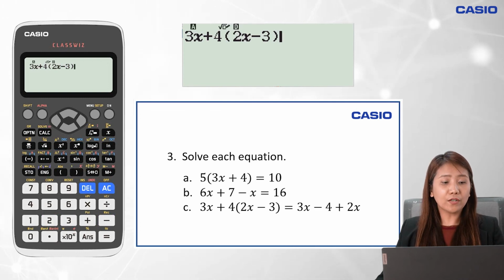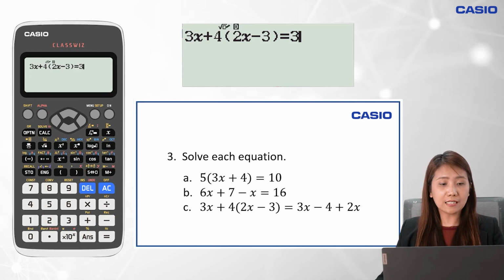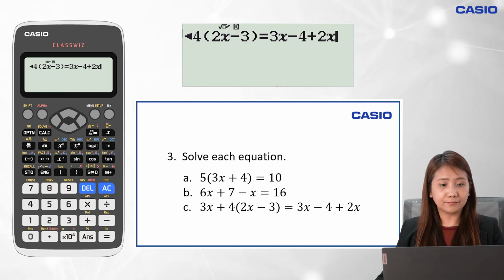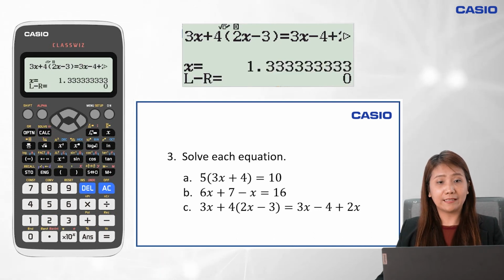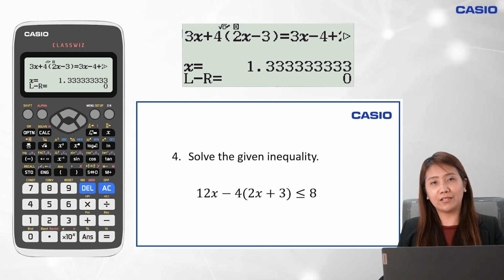We click on alpha calc for the equal sign, and we input the second side of the equation, which is 3x minus 4 plus 2x. Then we click on shift calc, followed by an equal sign, and that would give us a value of approximately 1.33.